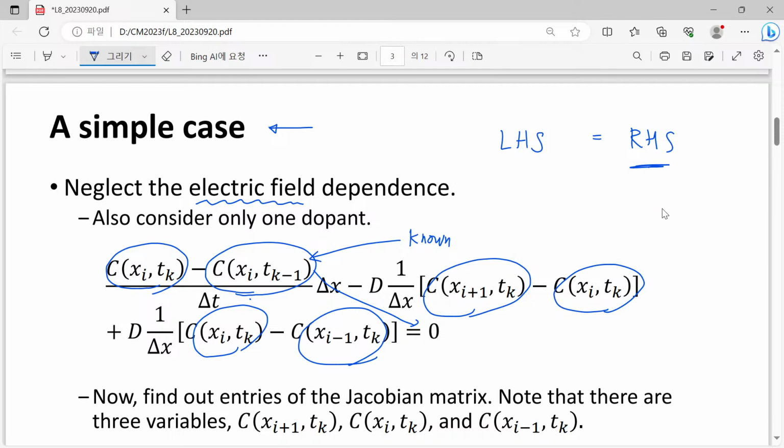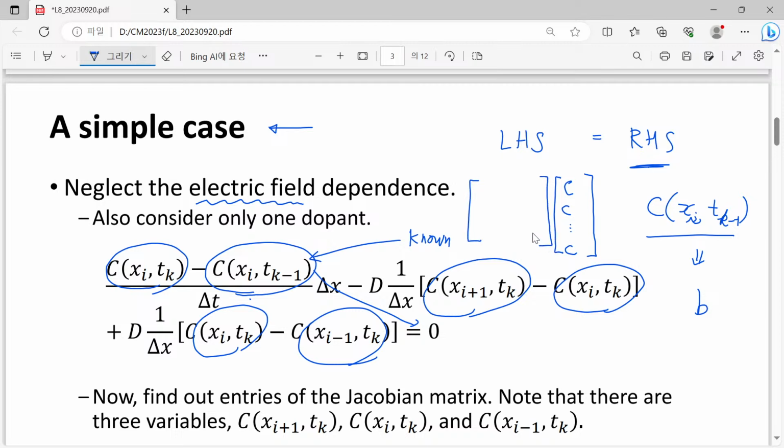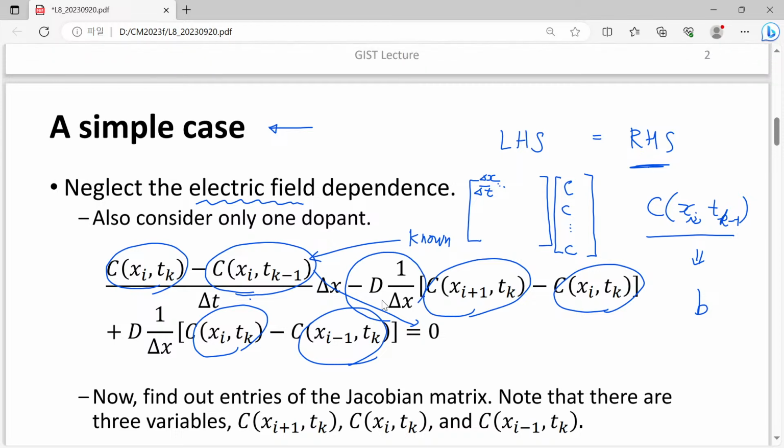The right hand side term considers the contribution from x_i at t_{k-1}. This makes our vector b, and here we have a solution vector corresponding to the c's, and the matrix which corresponds to, for example, delta t, delta x, and other things related to this second derivative term.